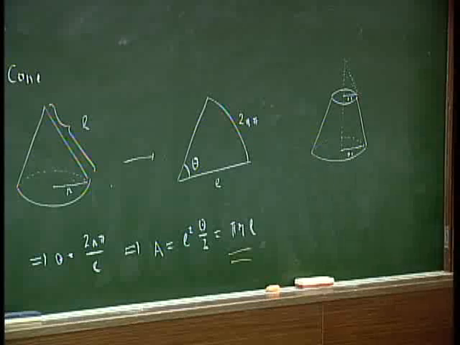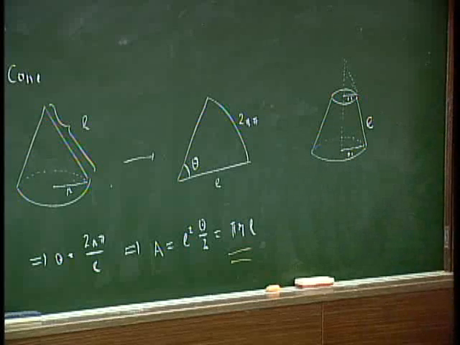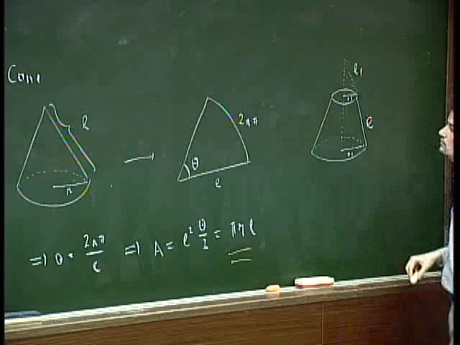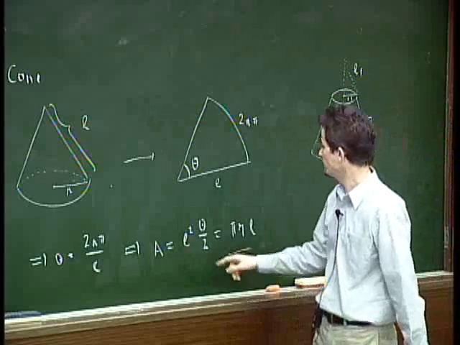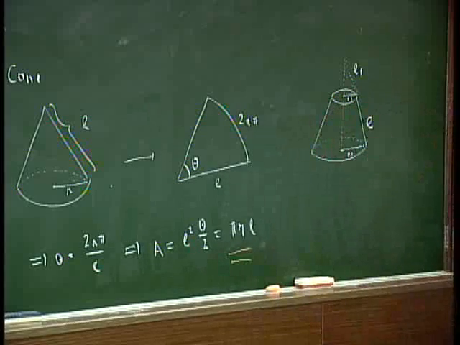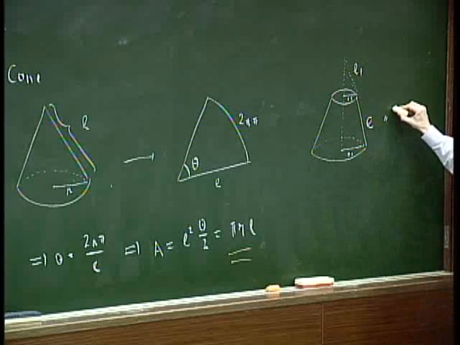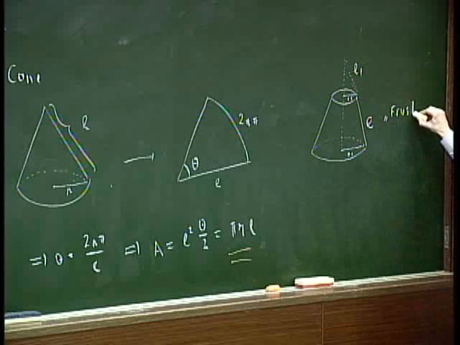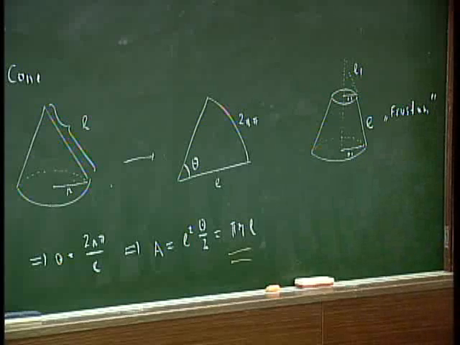And we call again this length here the slant height to be equal to L, and let's call this here L1. Now, of course, it's easy. Once we have figured out this, it's easy to compute the lateral area of this, which, as I said already, is called the frustum.